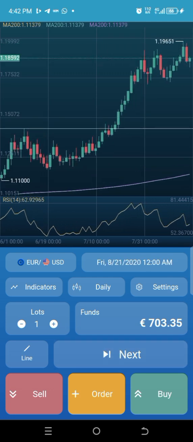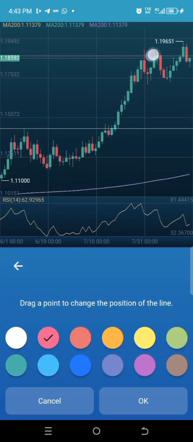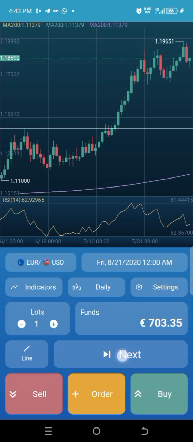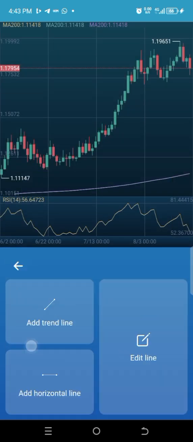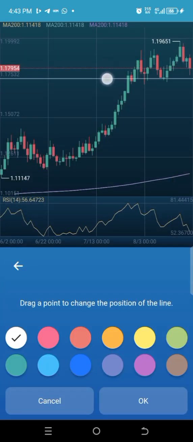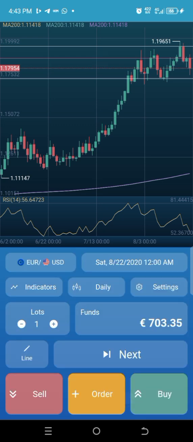Okay, it's validated. It's formed a new high and a new low. So let's wait for an area of interest to form. Let's delete the rest of the lines. Let's mark our lines. Low, high, open of area of interest, close.